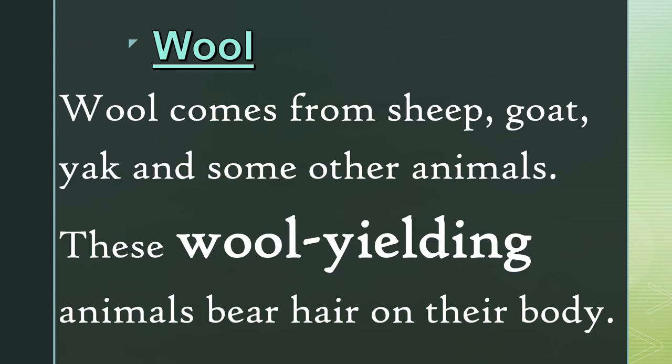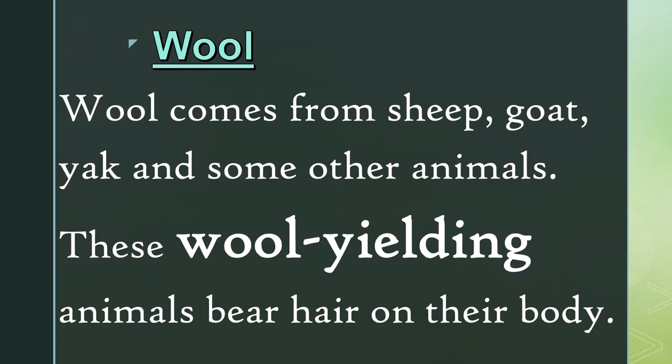Starting with wool. Wool comes from sheep, goat, yak, and some other animals. These wool yielding or wool producing animals wear hair on their body.